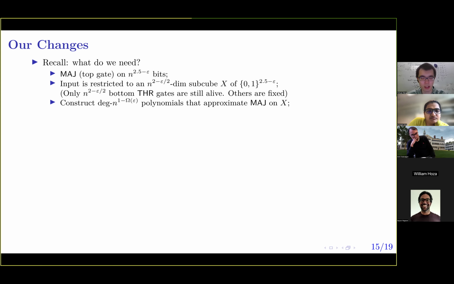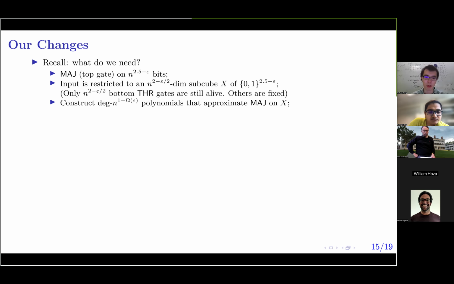n^2.5 length string. So now it is restricted to a n^((2-epsilon)/2) dimensional subcube. You can think that on each column, for the n^2.5 many special gates at the bottom, only a square root of them are still alive. The other ones are already fixed. So this reduces the input space to this top majority gate to a square root dimensional subcube.